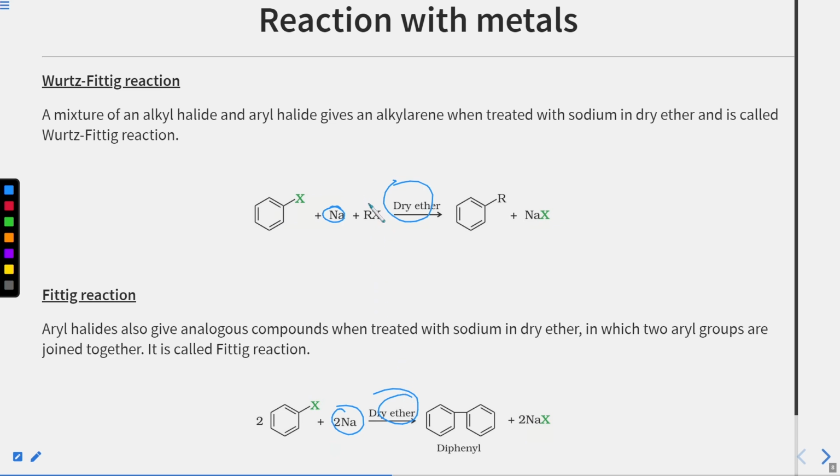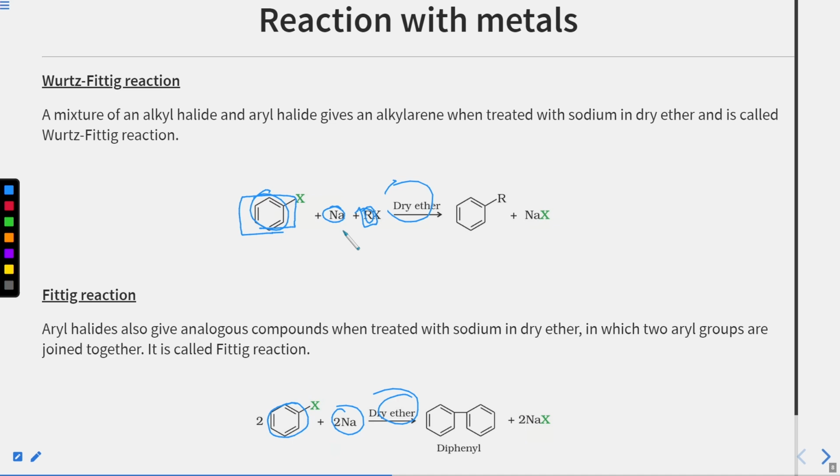In the Wurtz-Fittig reaction we use two different halides: here one is RX and one is phenyl, but in the Fittig reaction both are phenyl. So the only difference is that we take 2 moles of the same halogen-containing compound in the Fittig reaction, and in the Wurtz-Fittig we take 2 different halogen-containing compounds like this one.